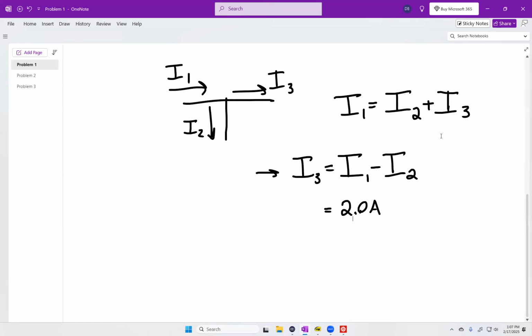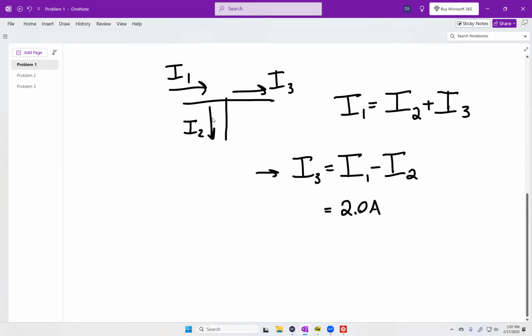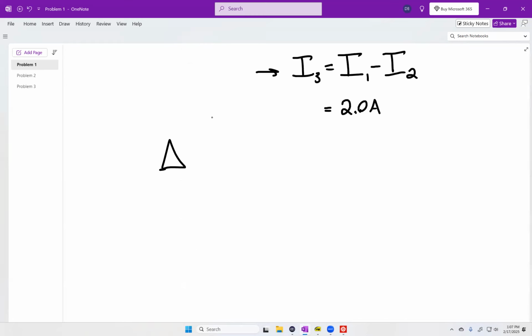That's our I3. And now that we have that current, we can get the voltage across R2 using Ohm's law, because we know R2 is 3 ohms. Okay, so we're just taking 1 ampere times 3 ohms, so we get a voltage of 3 volts.